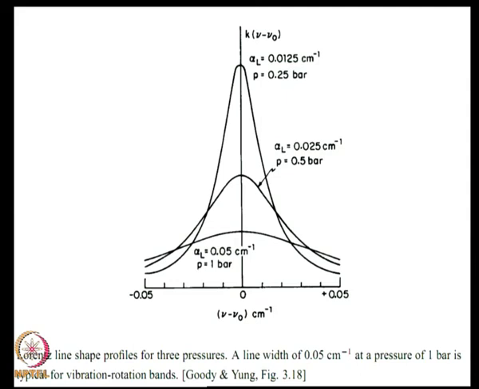So, you expect that the absorption lines at the tropopause will look very different from the lines at the earth's surface. At the earth's surface, the adjacent lines will all be absorbed. So, let me illustrate that by an example here.